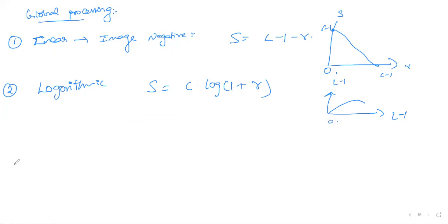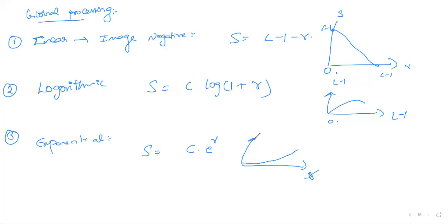Next, exponential. So s is equal to c times e power r. The graph is like this, r and s.